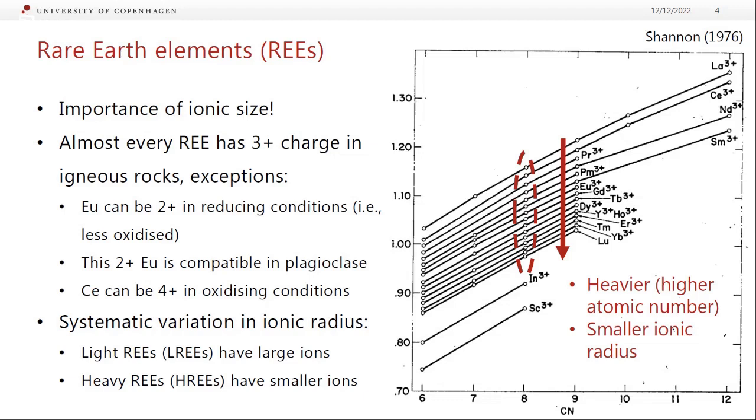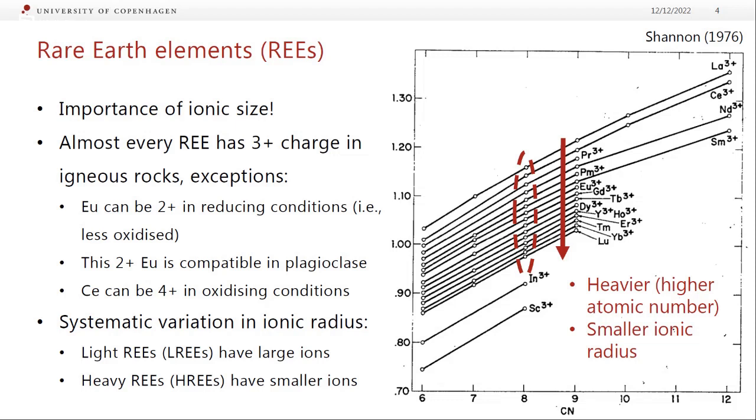So this plot here is showing the coordination number of the different ions, and here is the ionic radius. On the left, if we have a small coordination number, so this is 6, so this will be an octahedral site in a mineral, then the ionic radii start at just over 1 for lanthanum, and they go progressively down, and the heaviest one here is lutetium, and that's about 0.85.